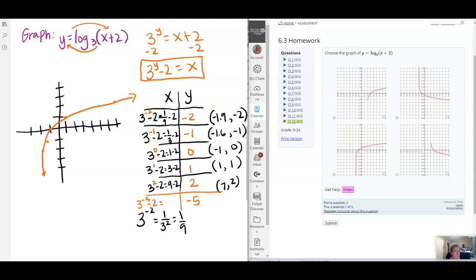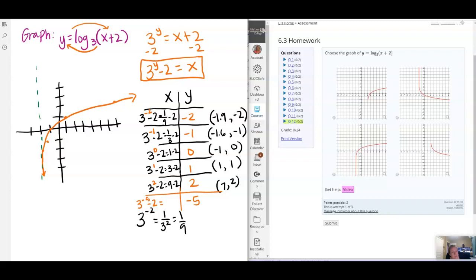So it seems to me like, do you see how all of our numbers, it was like -1.6, -1.9, -1.999999. So as you keep putting more and more negative numbers in, it's just going to keep getting closer and closer to -2. All right, so that's actually where our asymptote is, at -2.